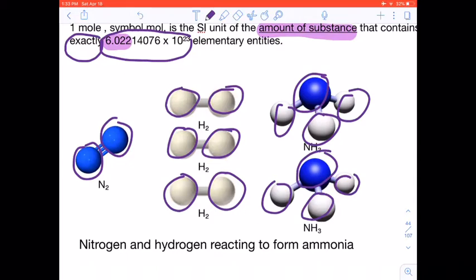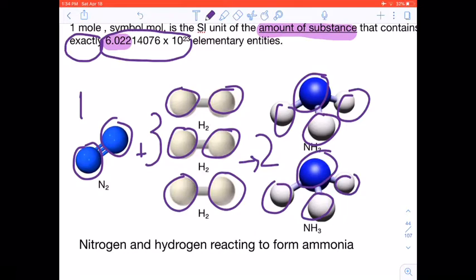So it means essentially I've got 1 of those plus 3 of that, and it gives me 2 of that, right? But if you look at the molecules here, you'll see on my left hand side I've got 4 molecules, and on my right hand side I've got 2 molecules.